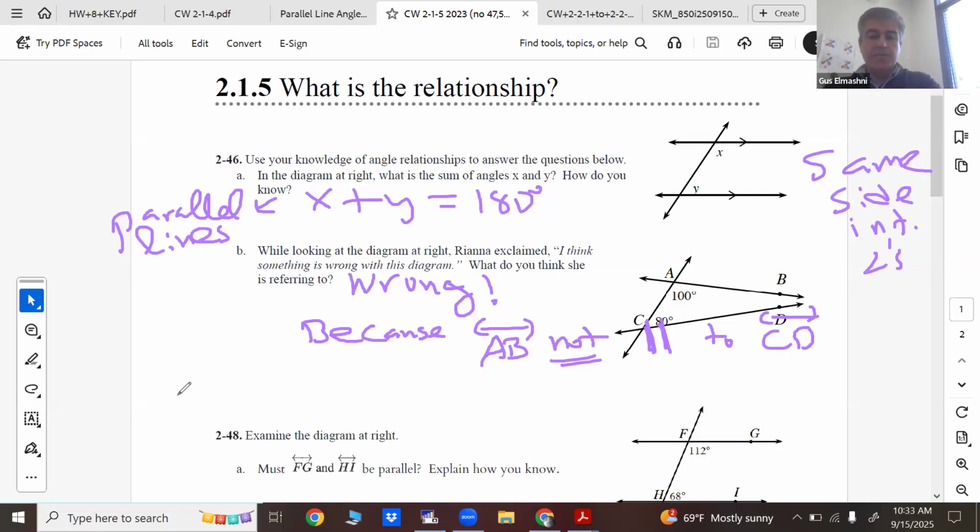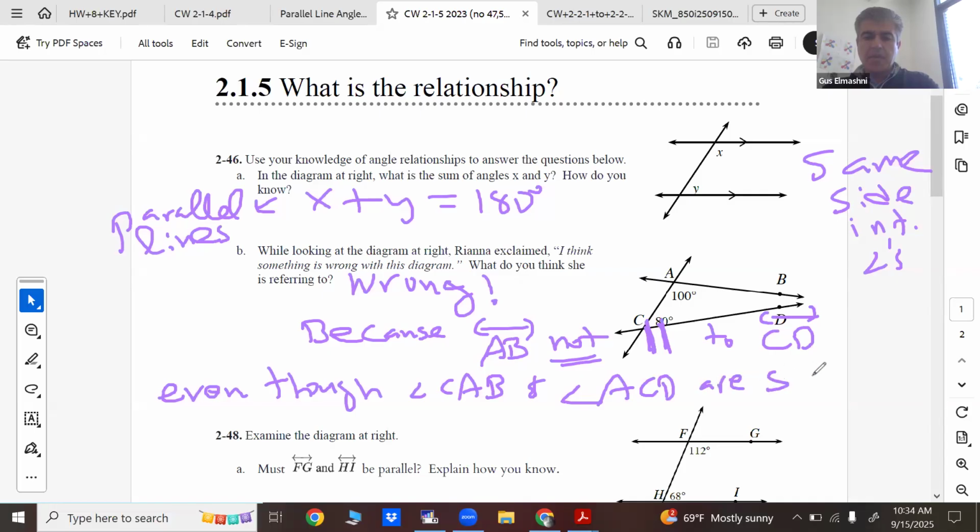Even though angle CAB and angle ACD are same side interior angles, like X and Y for part A, those are obviously parallel, so they're going to have 180.